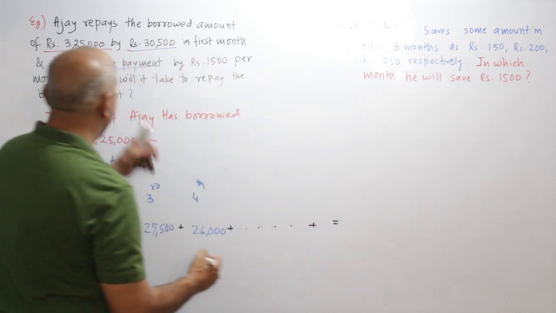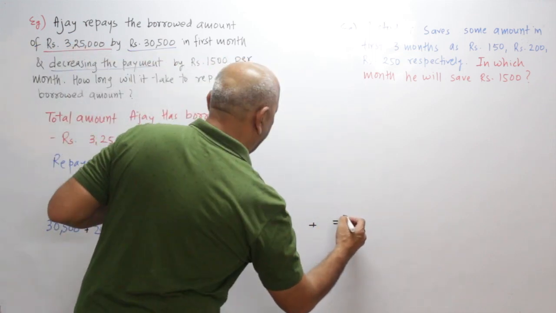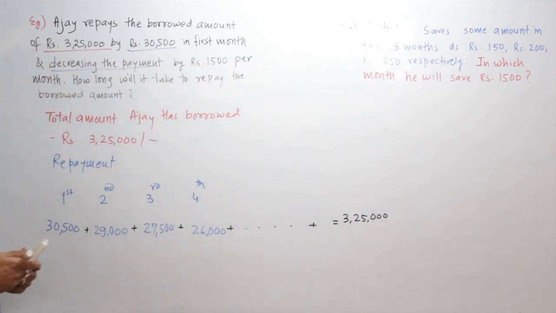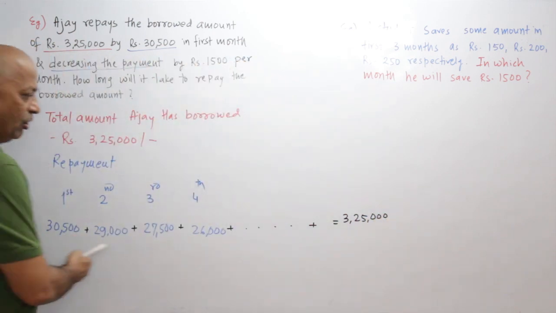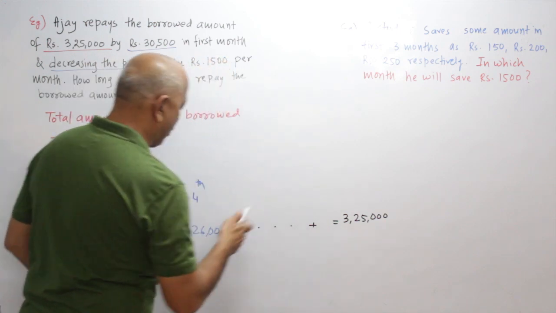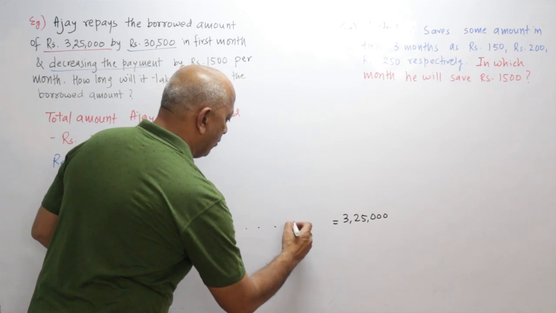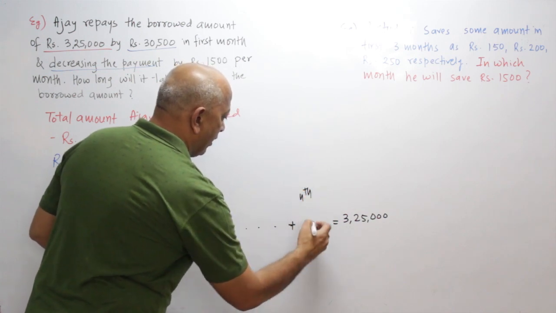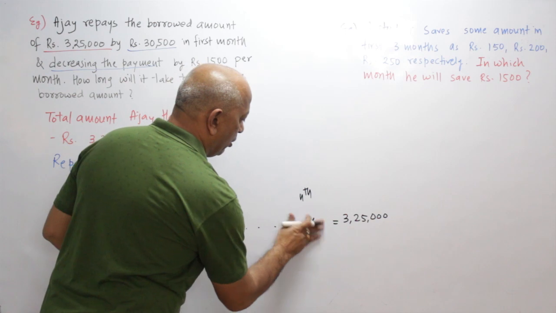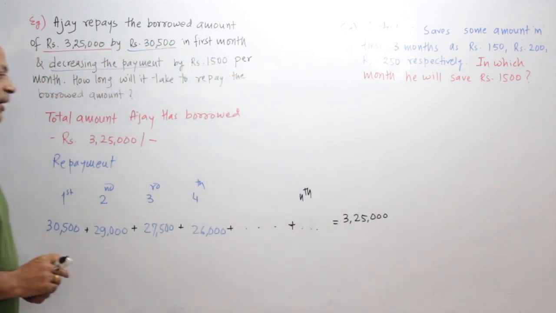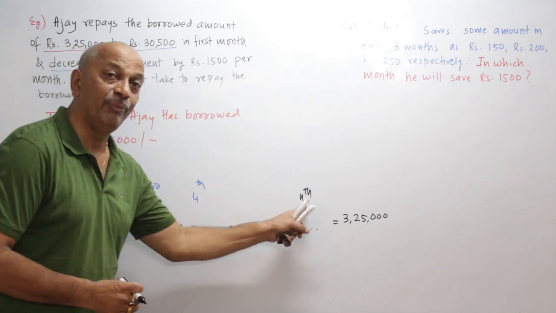So the sum will be equal to 3,25,000. So we have to find how many months. So let us say in nth month, let us say he pays X amount, or in nth month he completes 3,25,000. So we have to find out nth month, how many months.